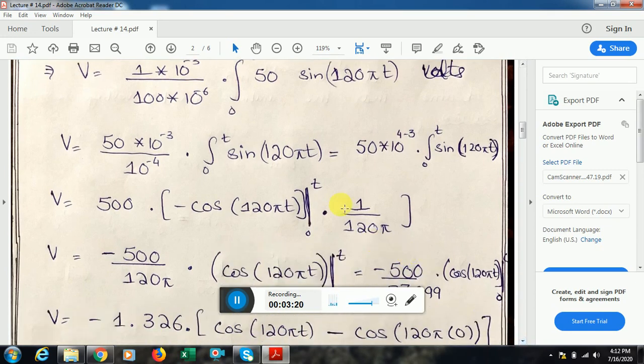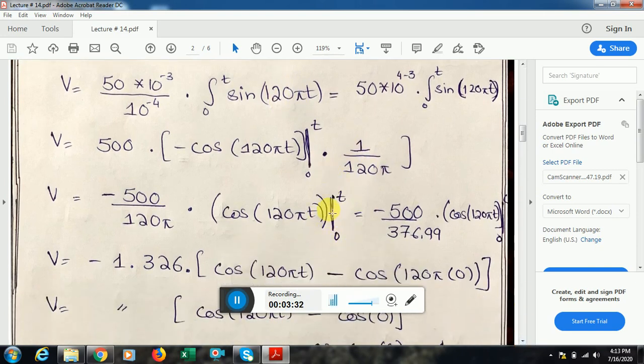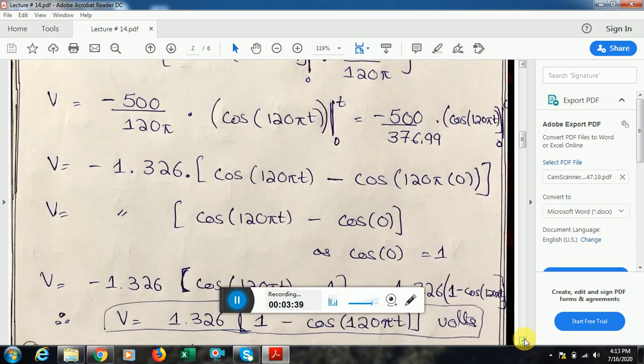If it's not there, then we multiply by 1 over the angle's coefficient, which is 120 pi. Everything other than t will appear here. Now by simply putting in the limits of the antiderivative, this all simplifies to this value.